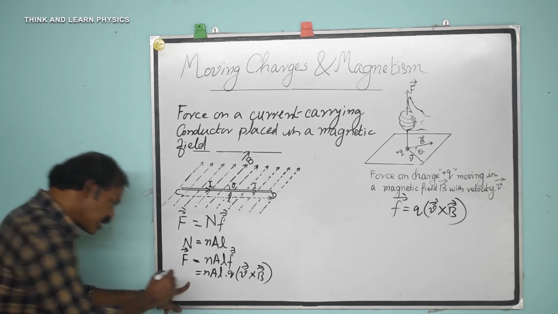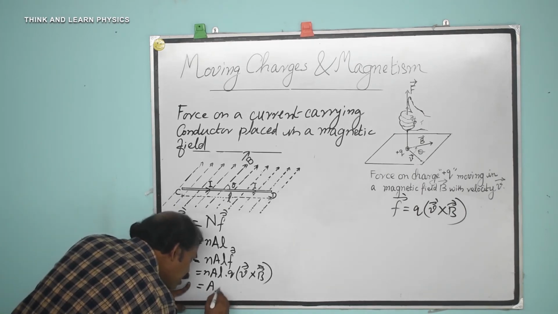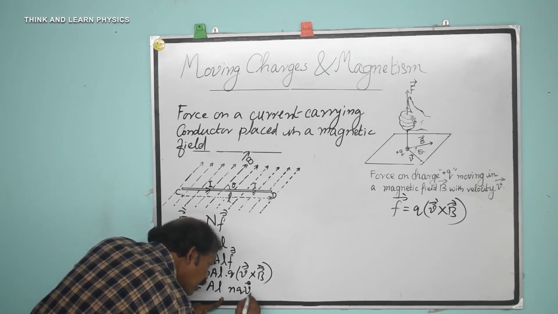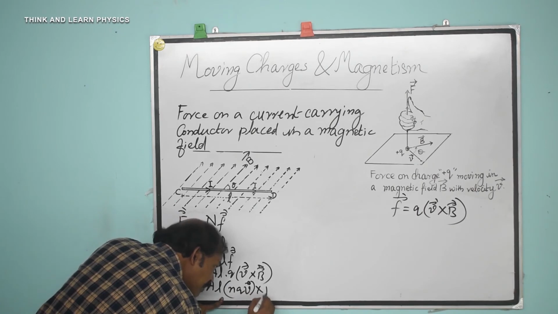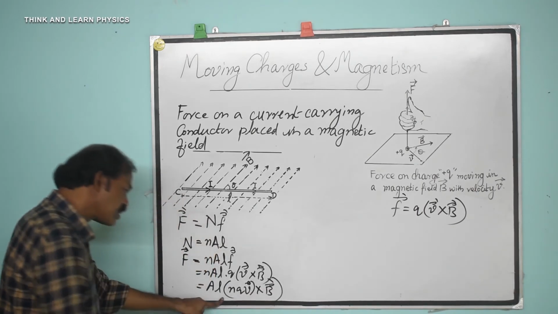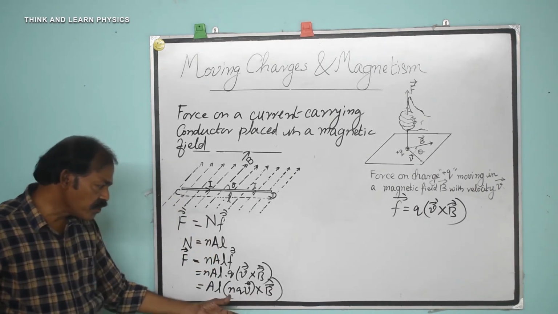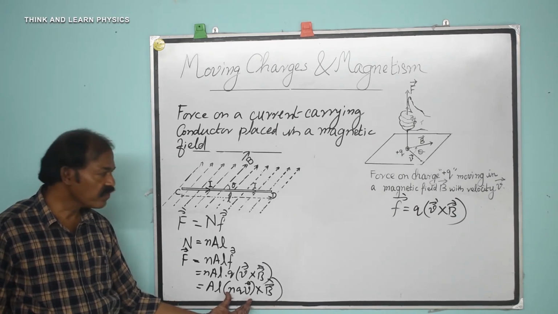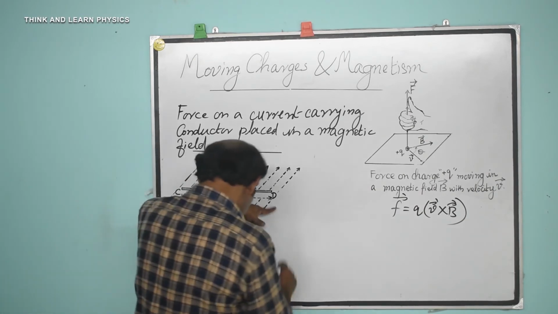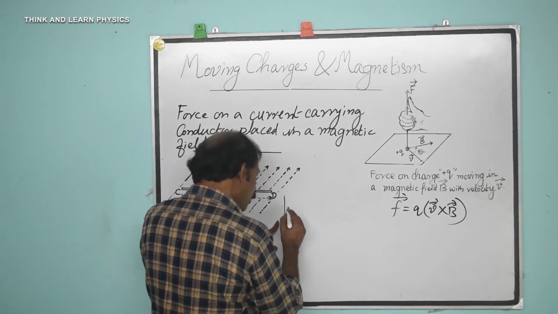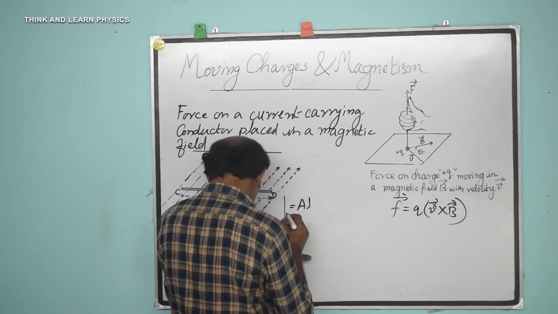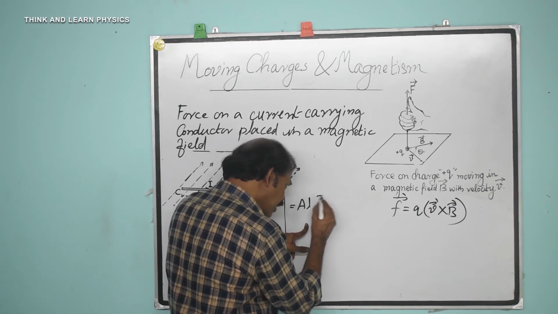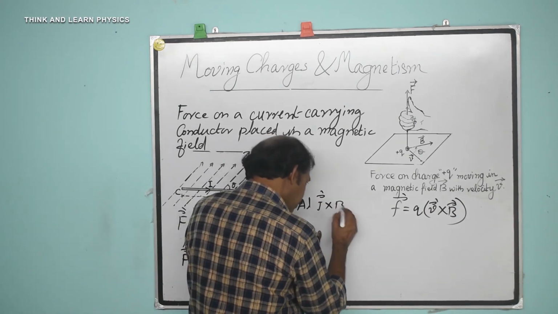Now, this can be written as A into L into nq v vector cross B vector. Here nq v vector can be taken as the current density J vector. So this is equal to A into L into J vector, the current density, cross B vector.